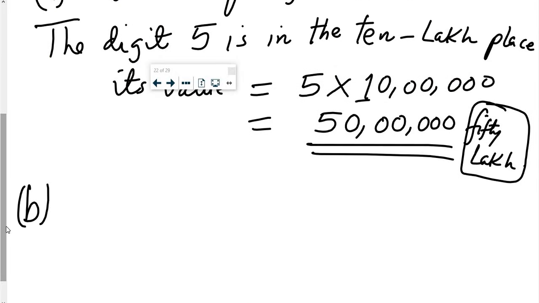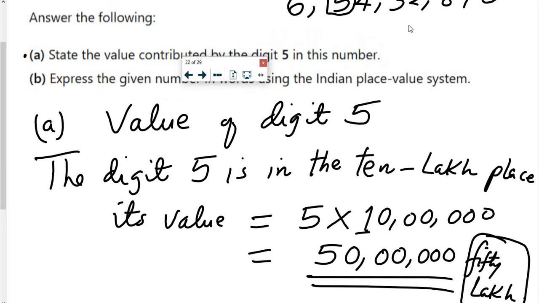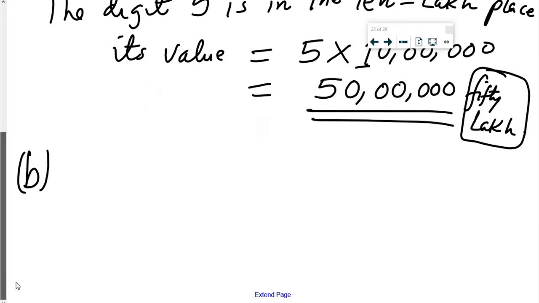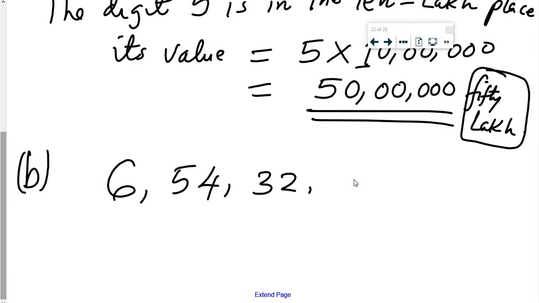B. Can you express the given number in words using the Indian place value system? So the number is 65,43,28,70. In words, according to the Indian system number pattern, how many commas? Can you see there are 3 commas? If you see 3 commas, it means crore.